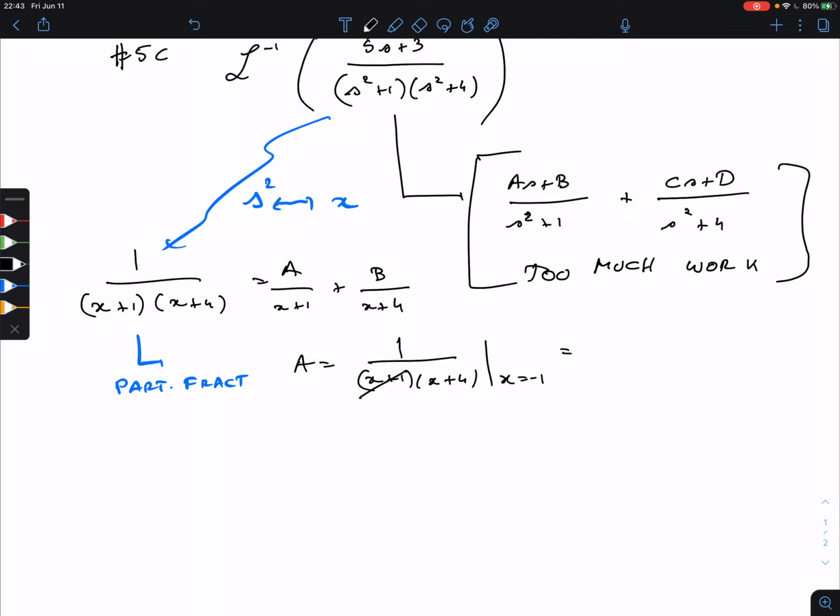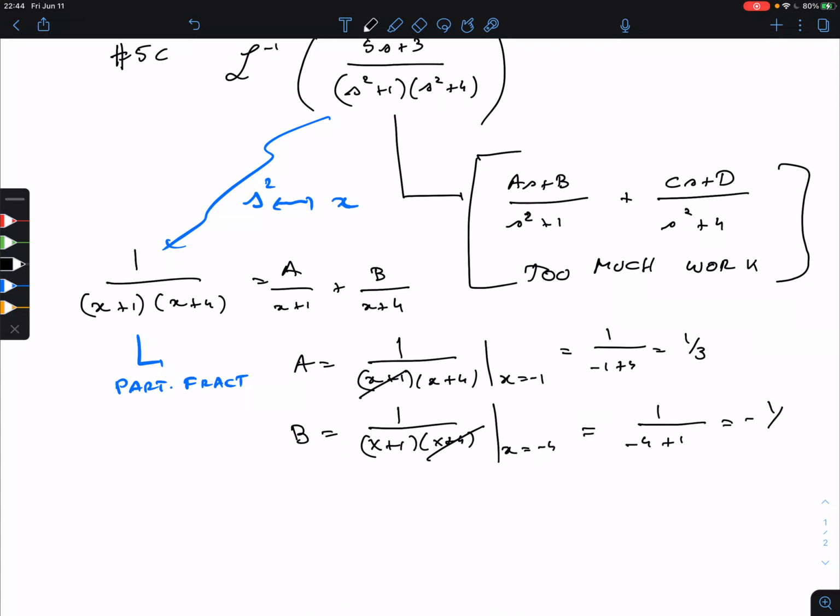What we get is 1 over (-1 + 4), so that is 1/3. And b? The same thing. We take the fraction again and erase the factor x + 4 that b is on top of, and evaluate at x = -4. That is 1 over (-4 + 1), so that is -1/3.